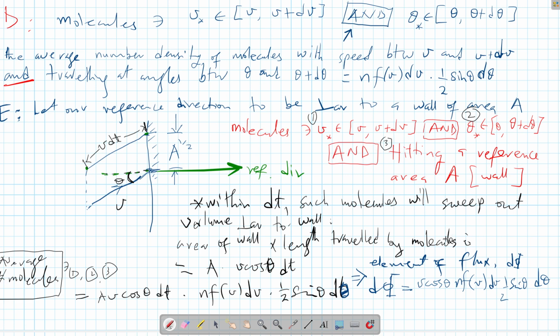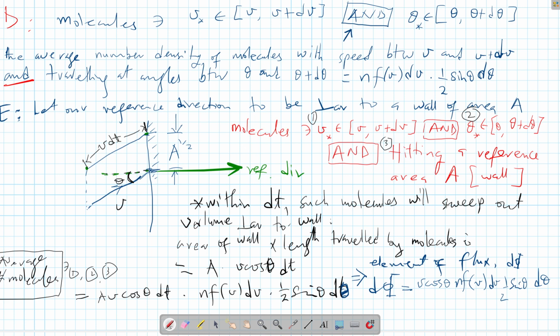So this is the element of flux, the number of molecules hitting a specific area per time with speeds between v and v plus dv, and with trajectories having theta within theta and theta plus d theta.